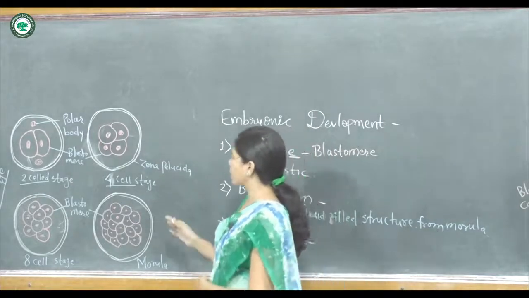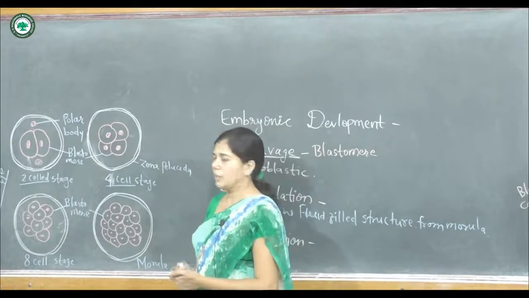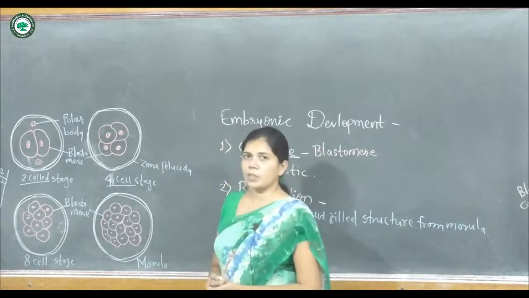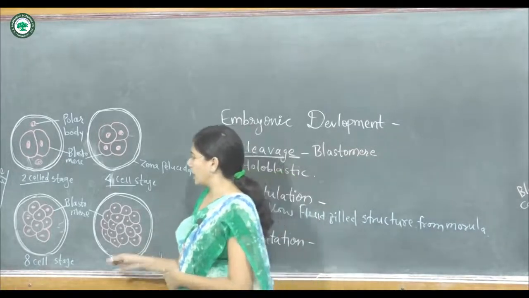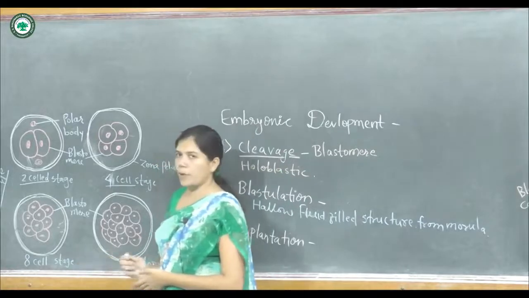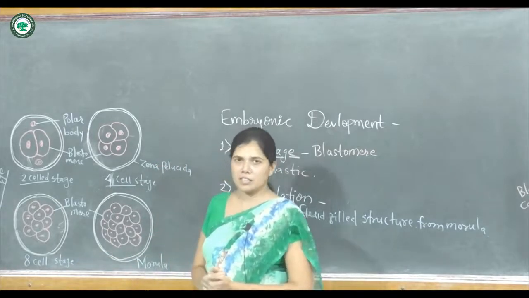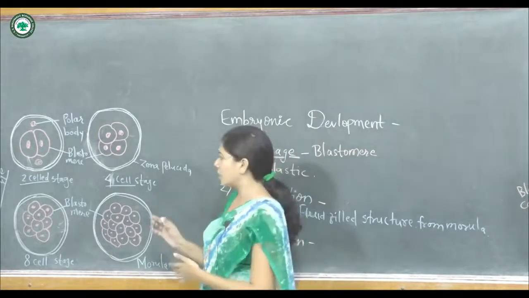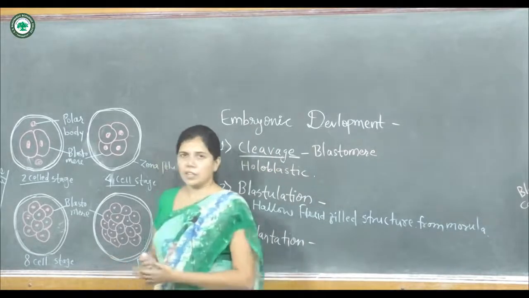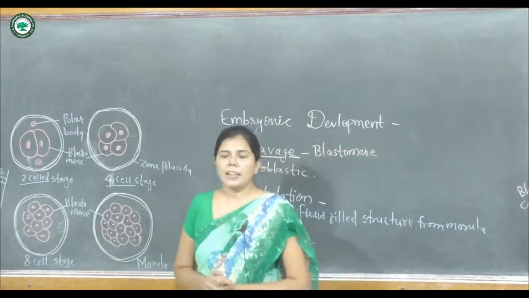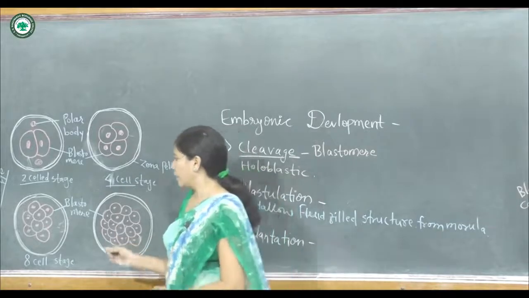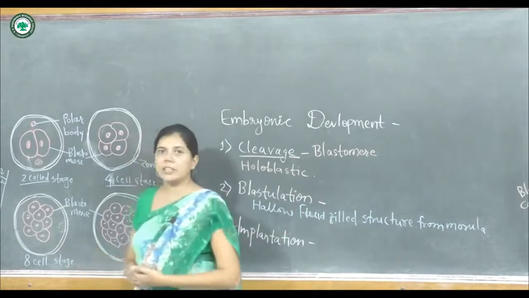After the second cleavage there is the four-cell stage, then after the third cleavage there is the 8-cell stage, and the blastomere size decreases.